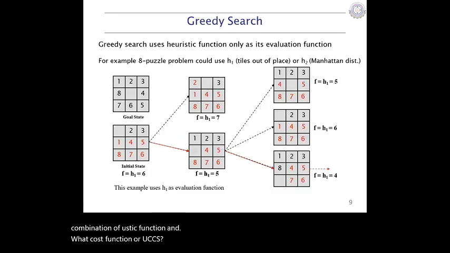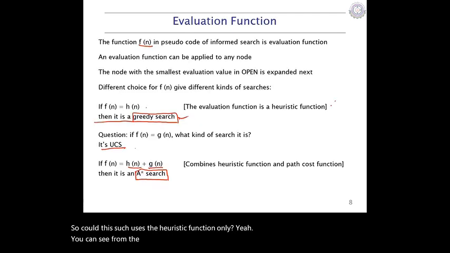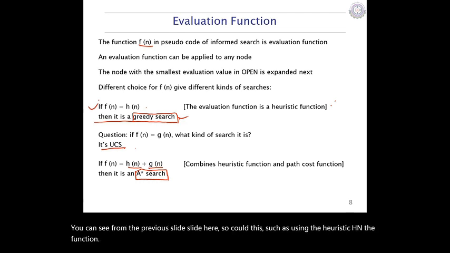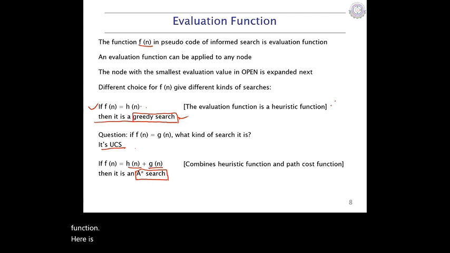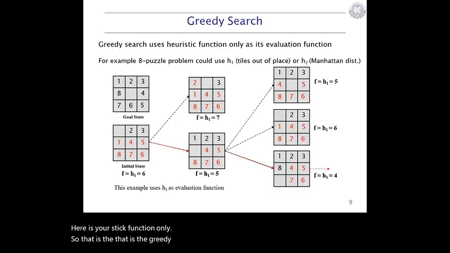Then greedy search, for the first one, uses the heuristic function only as its evaluation function, as you can see from the previous slide. Greedy search uses the heuristic Hn only.